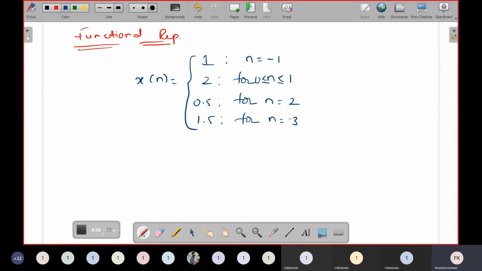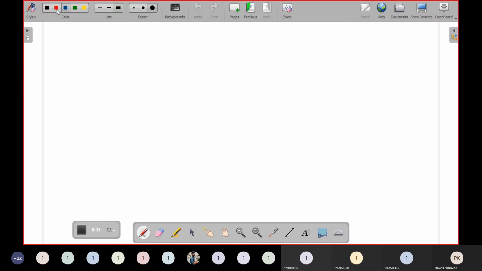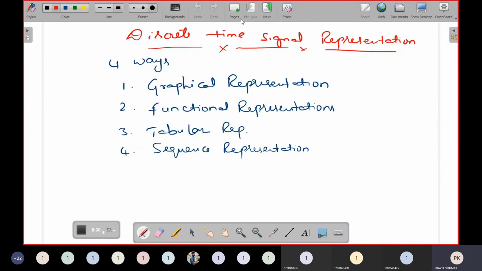And the third one. Now the third representation, what is the third representation? Tabular.